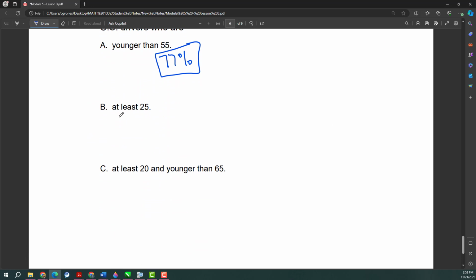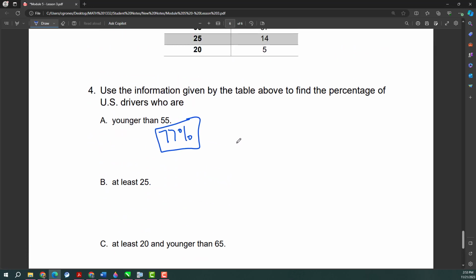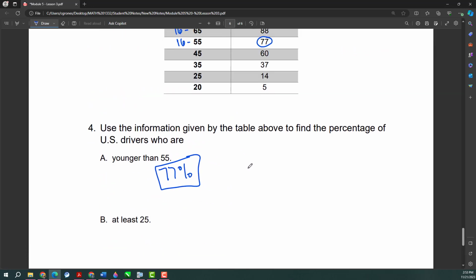Okay, we want at least 25. So if you're at least 25, that means that you are 25 and up. Okay, so the percent of drivers who are 25 and below, so 16 to 25, is 14%.